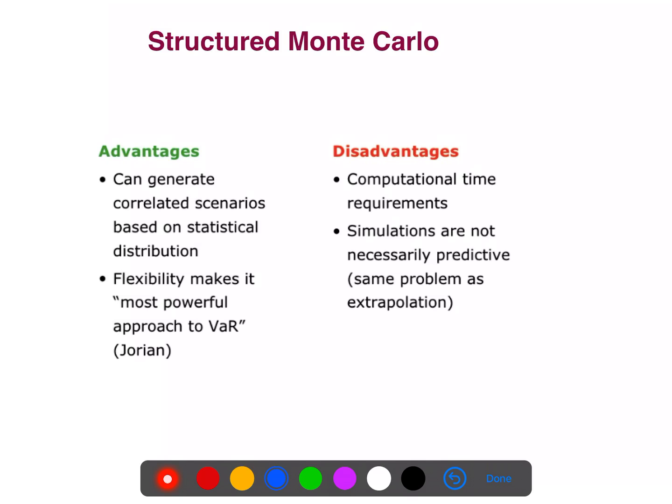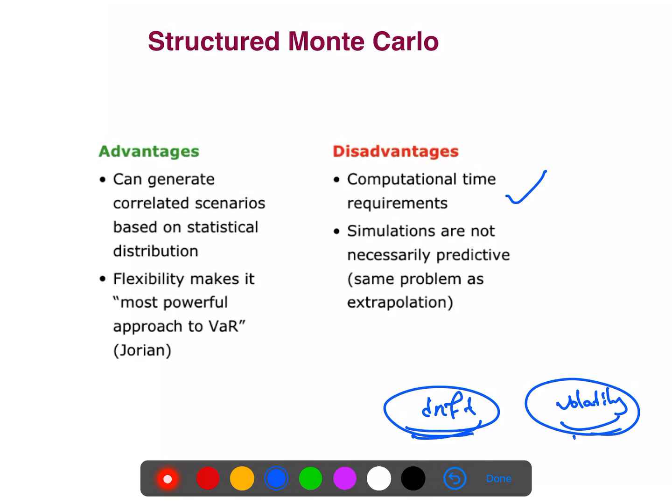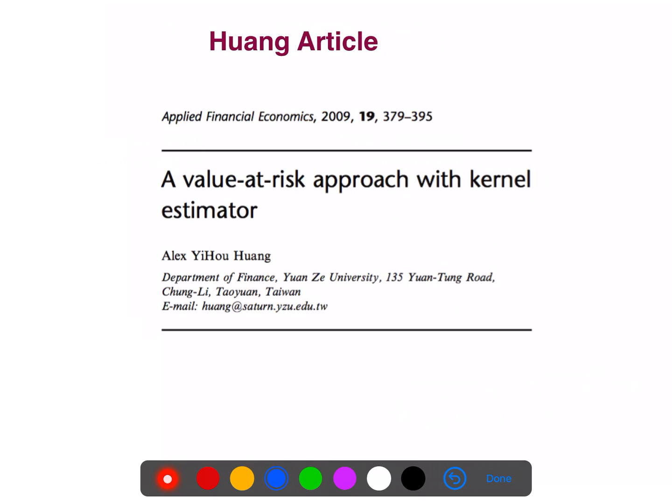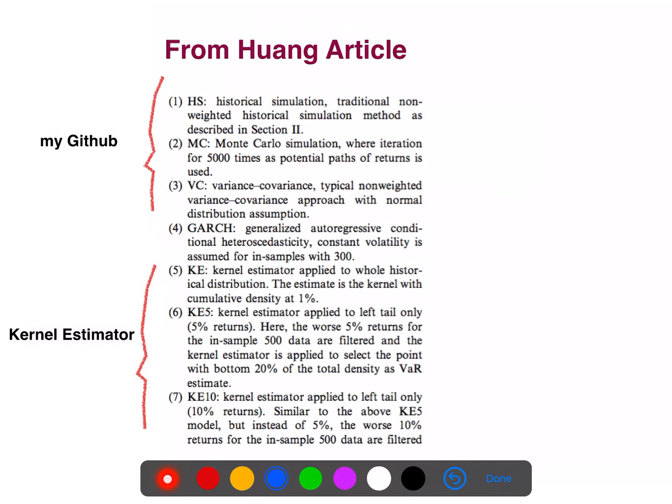The computational time requirement, and because you have some drift term and volatility, nothing else, everything is dependent on these two variables. So if your variables are estimated incorrectly, then everything will be wrong. Huang wrote a very interesting article where he used a kernel estimator for value at risk. So for the historical approach, Monte Carlo, and variance covariance, you can use my GitHub.